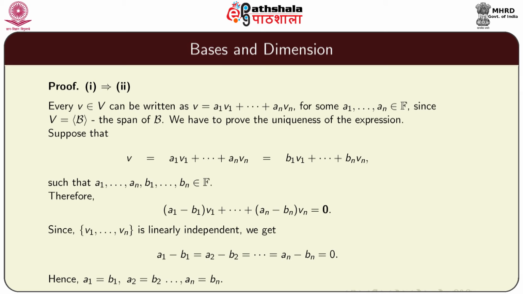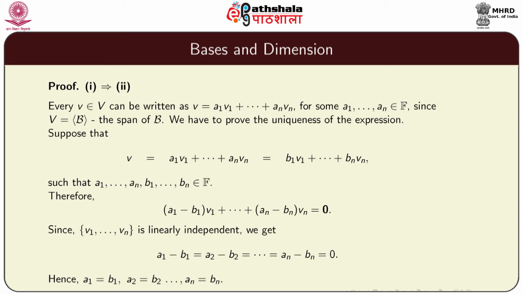Every v in the vector space V can be written as v is equal to a1 v1, etc. up to an vn for some a1, a2, ..., an in F, and v1, v2, ..., vn are of course in B, and that is true because V is the span of B.